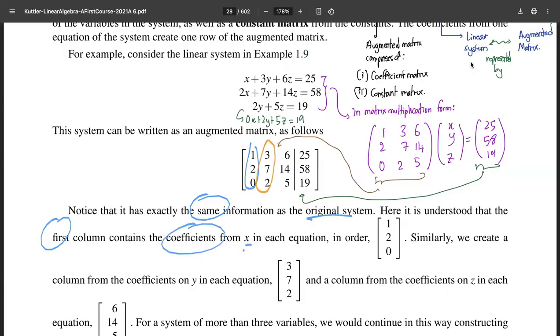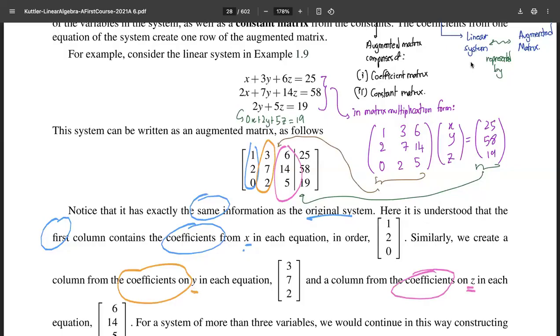If you remember the material from our second chapter, we get this from looking at it as a linear combination.